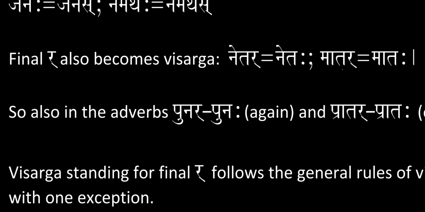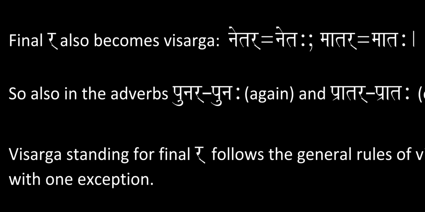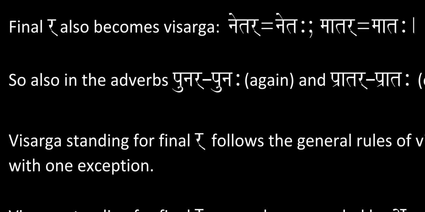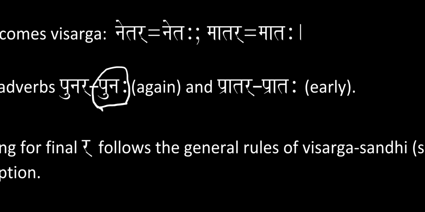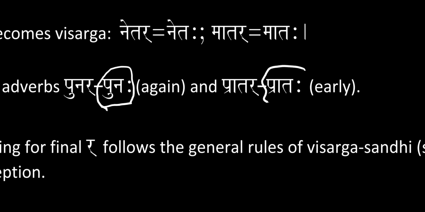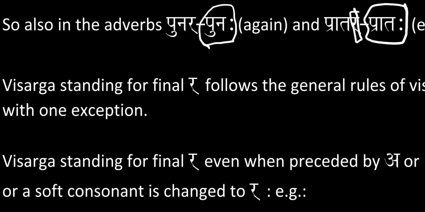And then matar, vocative singular, turns into mataha. This also applies for adverbs. So punar means again, it becomes punaha. And then pratar, which means early, becomes prataha, because this final ra is being replaced by a visarg.